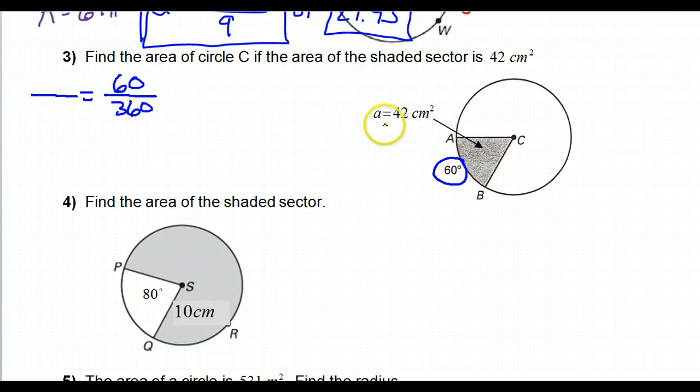Now, this 42, is this a partial area or the whole area? Well, this is the partial area. Look, I've got an arrow pointing right to this little slice, this sector. I even used a small a for you to remind you that this is going to be the partial area, not the whole area.